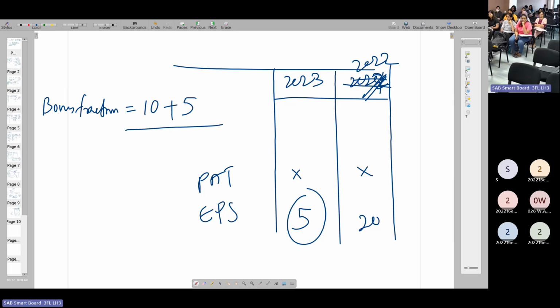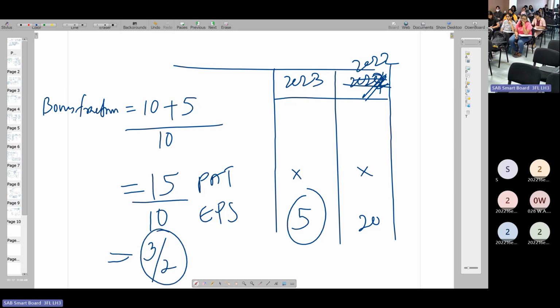This should be divided by the already available, existing one, here 10. This will be the bonus fraction. I will tell you how to apply that bonus fraction, and explain logically the circumstances where it is applied. This is called bonus fraction.